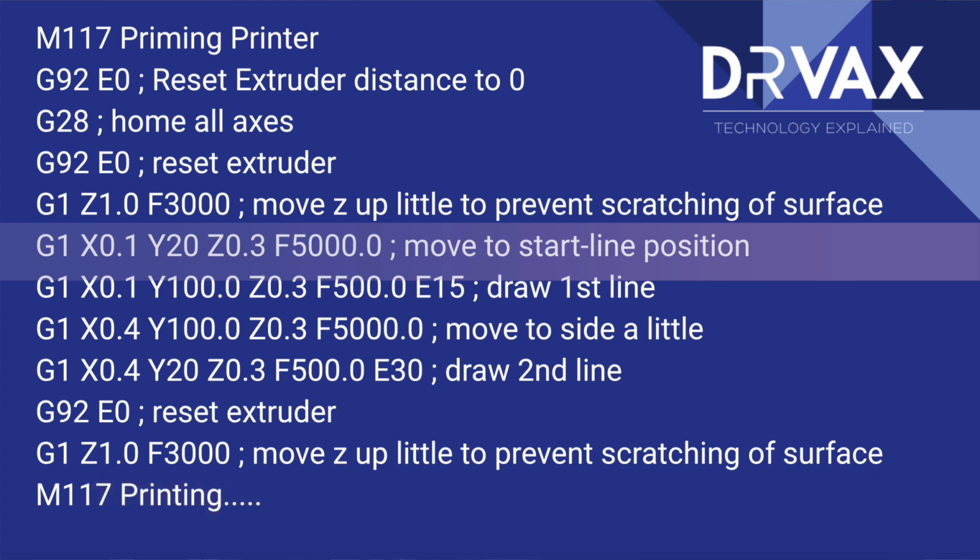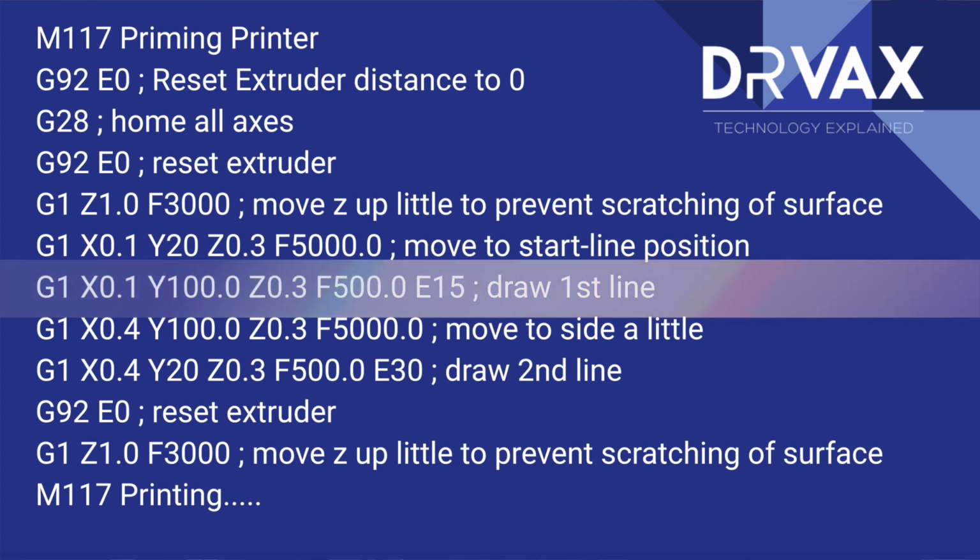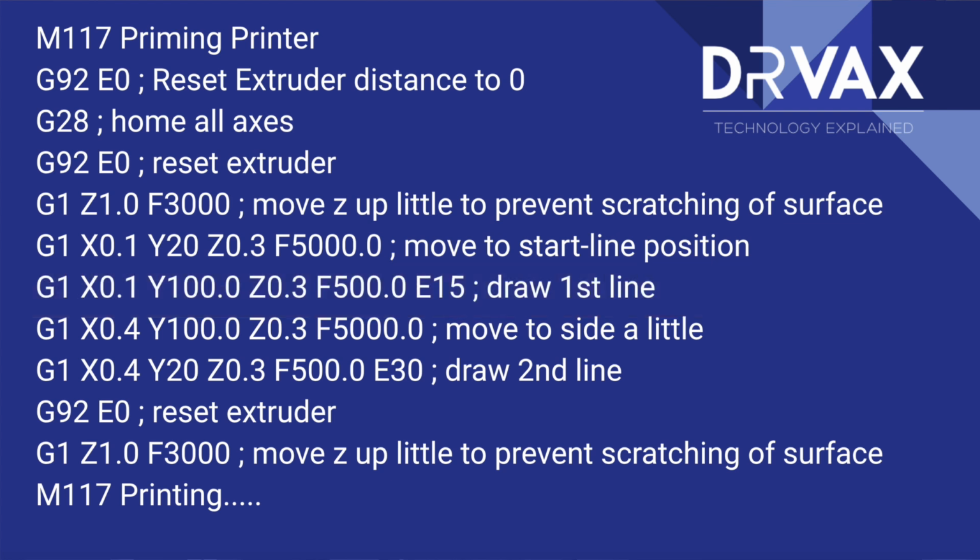And then move to Y20 at a height of 0.3 of a millimeter above the print bed. And that's the start position for a line. Then you'll see on the next G1 command, there's an E15 that says extrude 15 millimeters of filament. So the next move is going to move the print head along the y-axis another 80 millimeters, from 20 to 100.